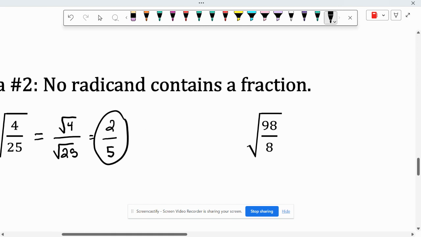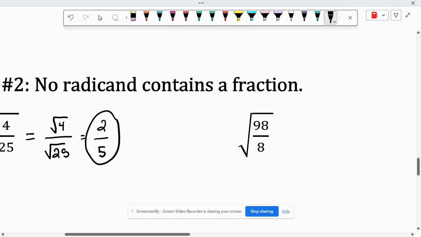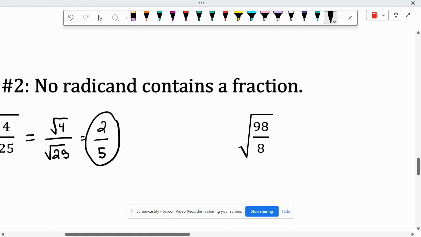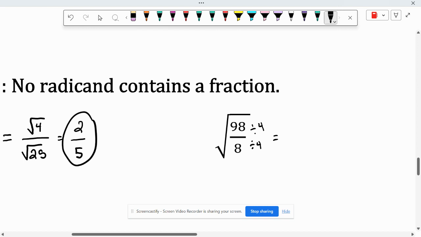Is 98 divisible by 8? But is 98 and 8 divisible by 4? It is. What is 98 divided by 4? Oh, so it's not divisible by 4.